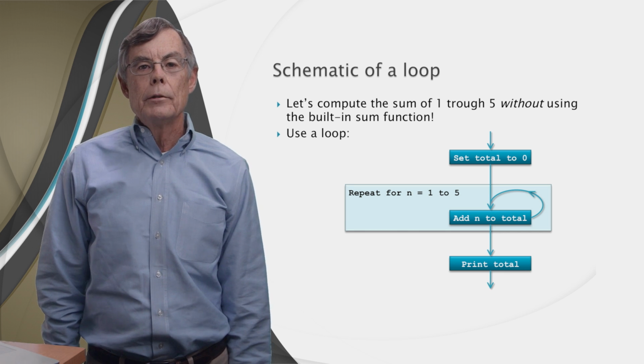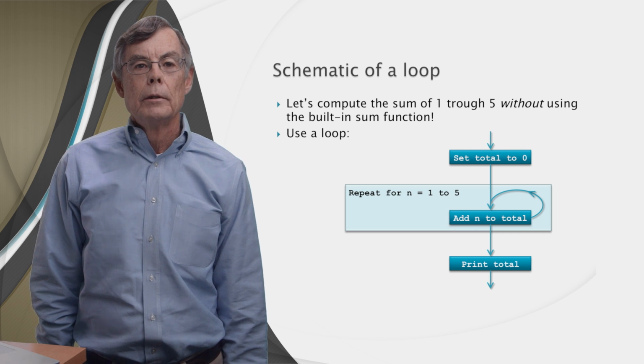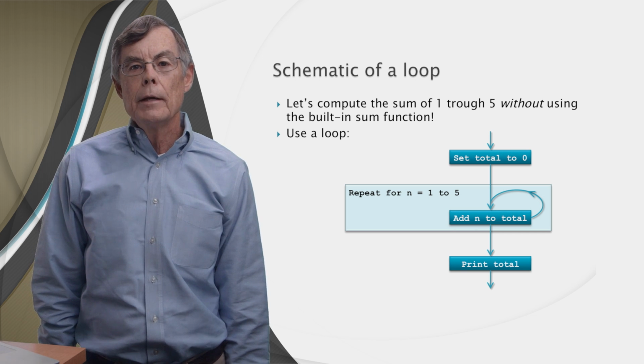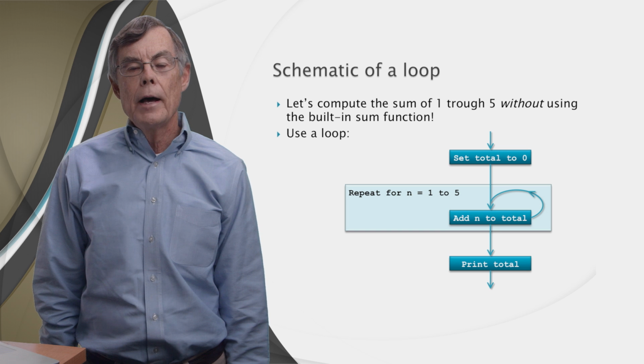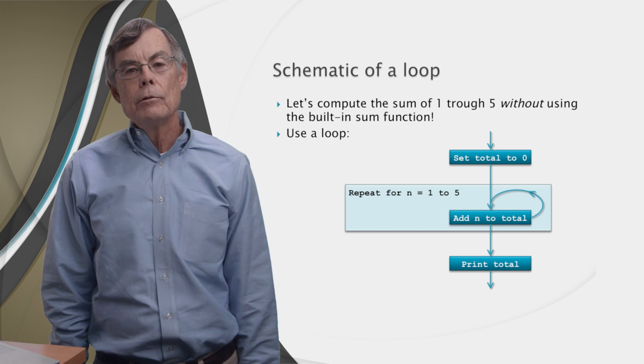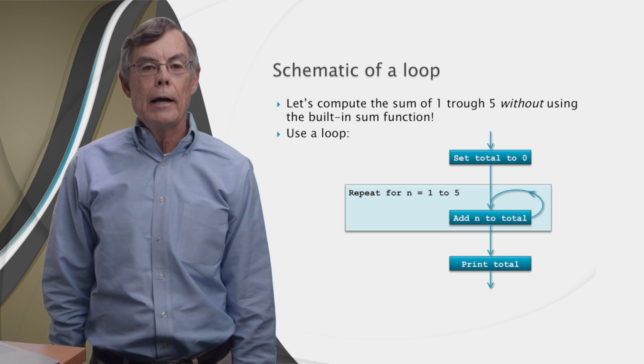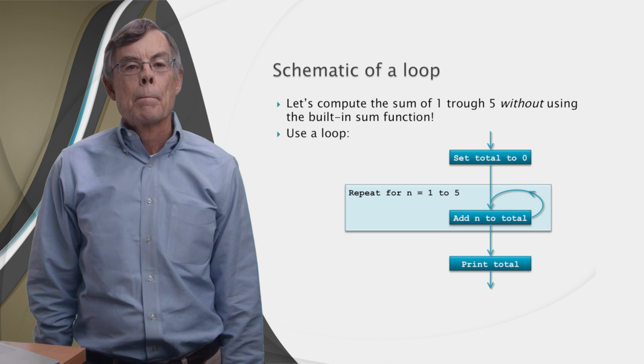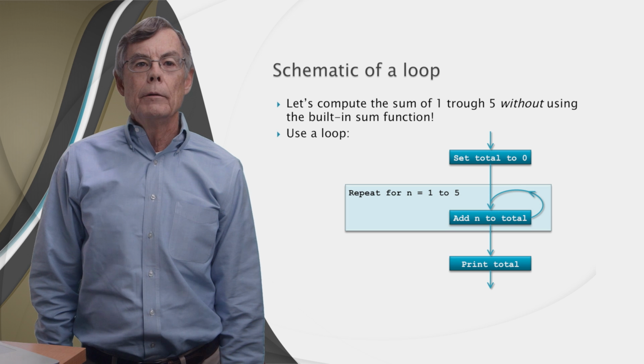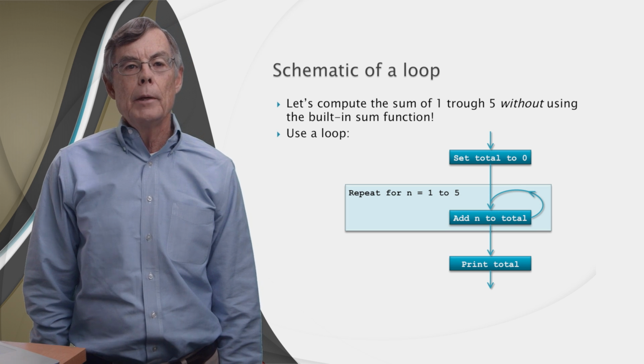It specifies that the statement "add n to total" be executed repeatedly as n takes on the values 1 to 5, one by one. So the "add n to total" statement will be executed 5 times. After the 5th time, the loop ends and the program continues to the next statement after the loop.